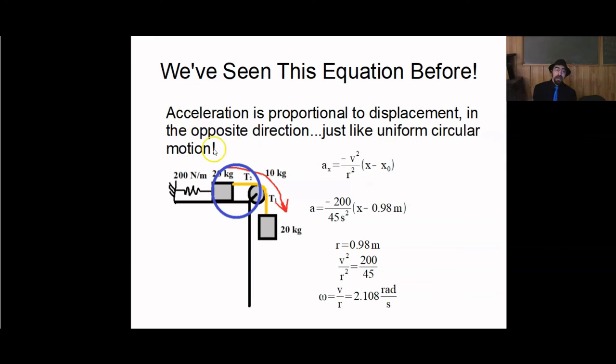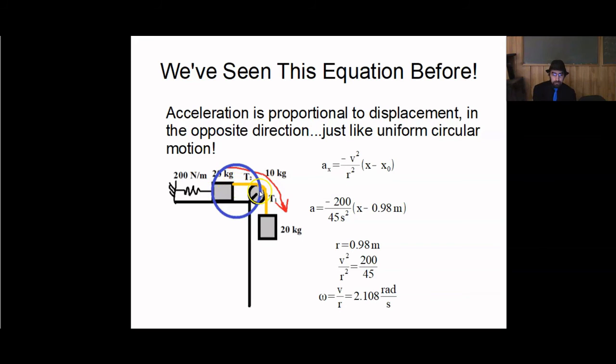So imagine for the moment that simultaneous to this system oscillating back and forth, so this top block goes back and forth, back and forth. Obviously it's not going to actually collide with a pulley. I drew the picture badly.